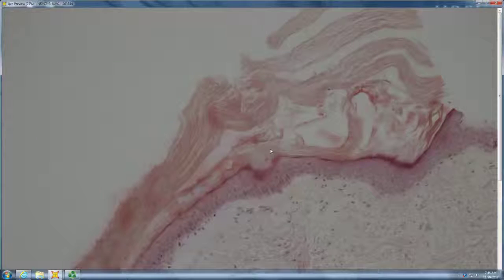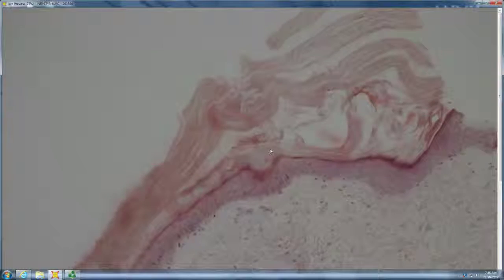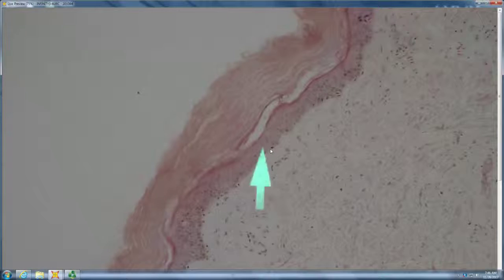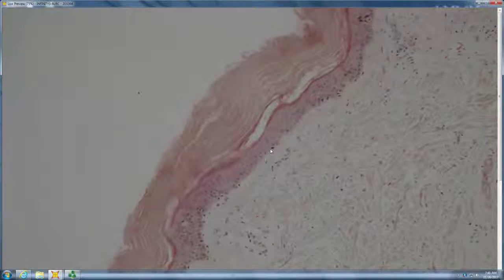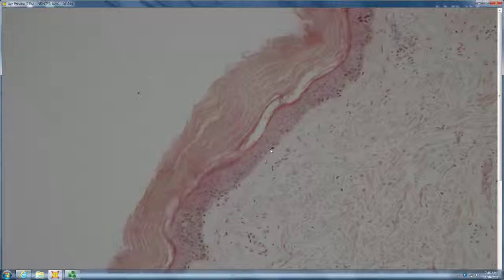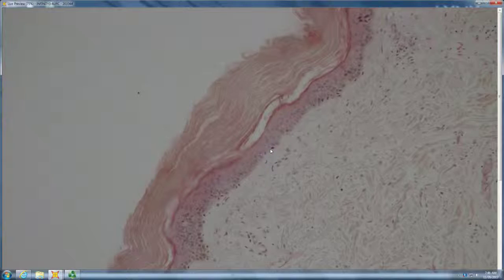Okay, so in this one, probably more like a retention hyperkeratosis, being that your epithelium is pretty thin and boring.